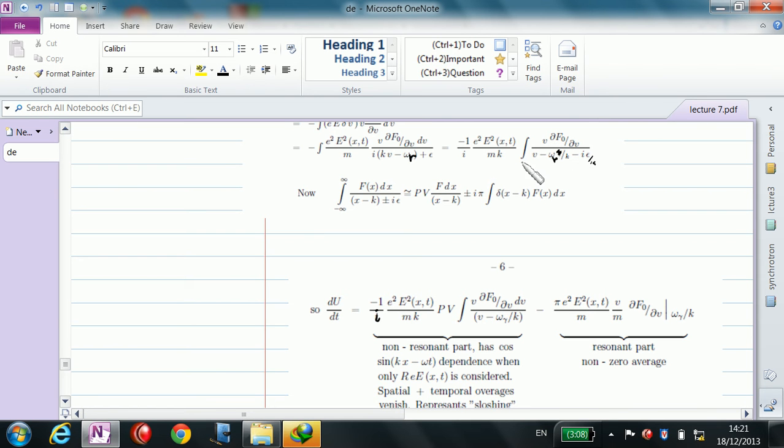It's just a formula. So here I have to worry that this is why I divided by k, because I wanted x to correspond to v.